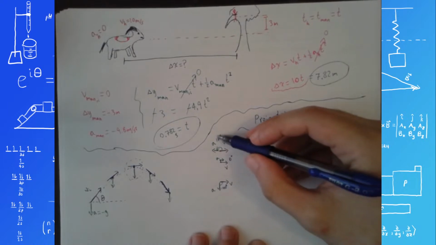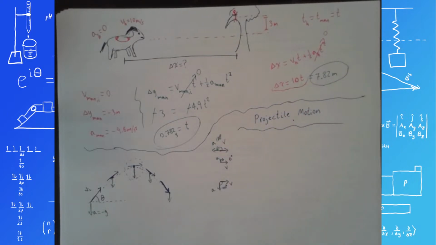So 0, 180, and 90 degrees are all kind of special cases. In all other cases, for all other angles between acceleration and velocity, you're going to see velocity changing in both magnitude and direction. But for these three special cases, you'll see only one change, typically.